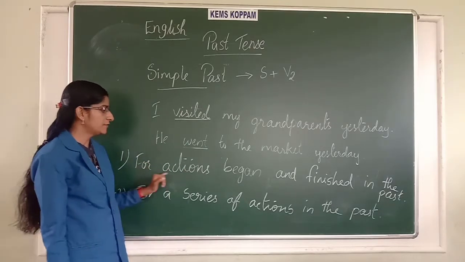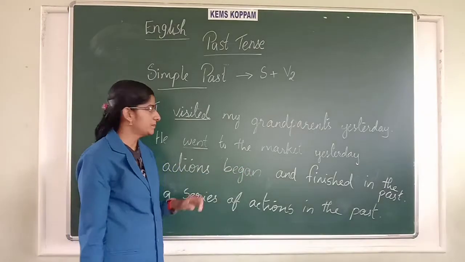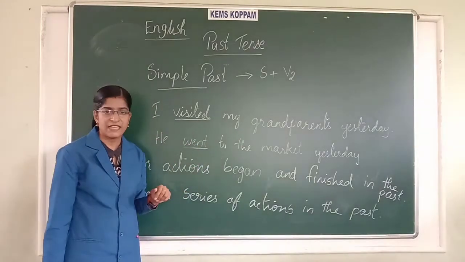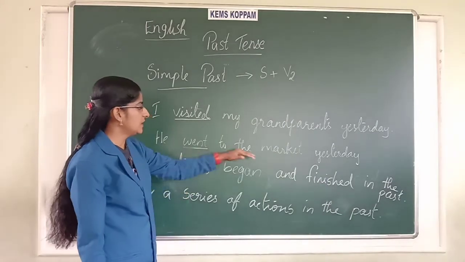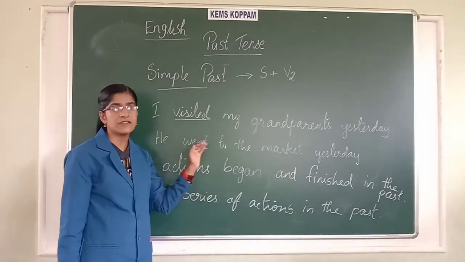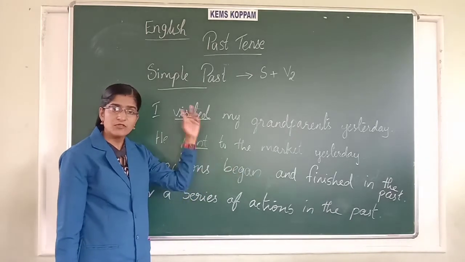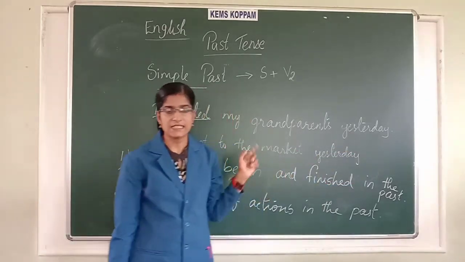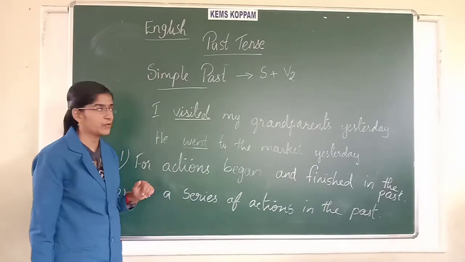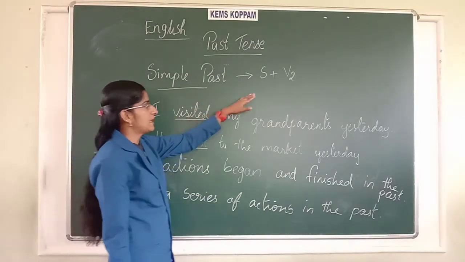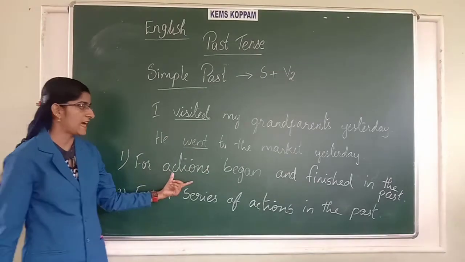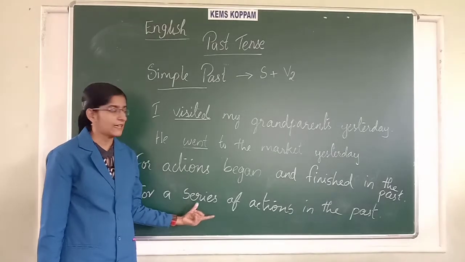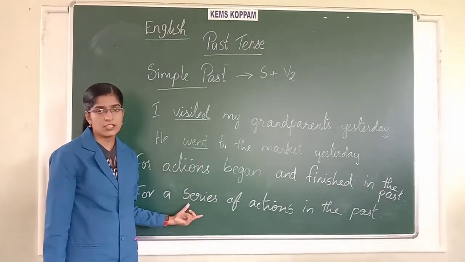For the first one, for actions that began and finished in the past: I visited my grandparents yesterday. Example, he went to the market yesterday. I went to a movie yesterday. I watched that movie last Sunday. You can use time expressions like yesterday, last month, last Sunday. So simple past: the structure is subject plus V2, and it is used for actions started and finished in the past, and for a series of actions in the past as in a story.